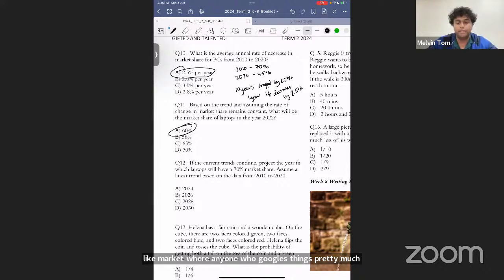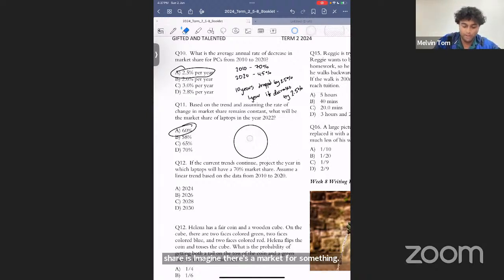Another example would be, in Australia, if you want to go buy groceries, there's only 2 big grocery stores you can go to. There's Coles and there's Woolworths. There's IGA, there's Spudshed, a few more of those small ones, but most of it is owned by Coles and Woolworths. So market share is, imagine there's a market for something, in this case, groceries.